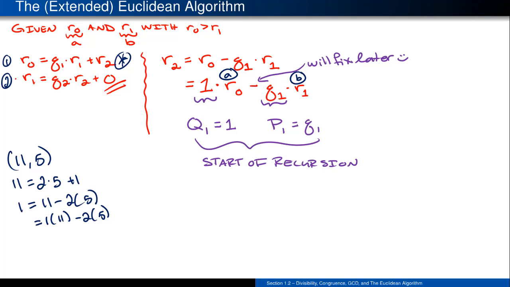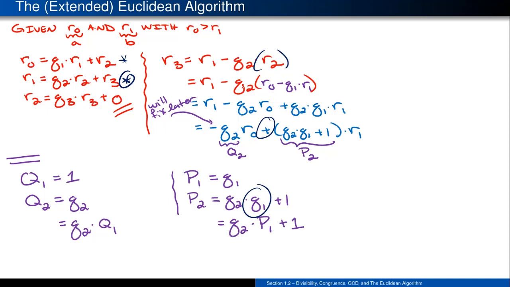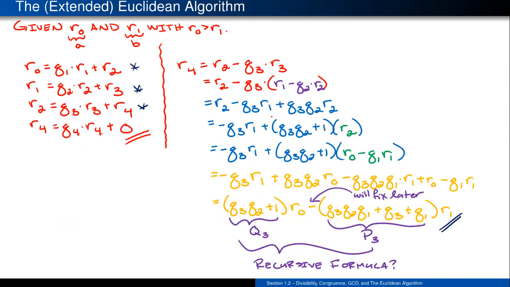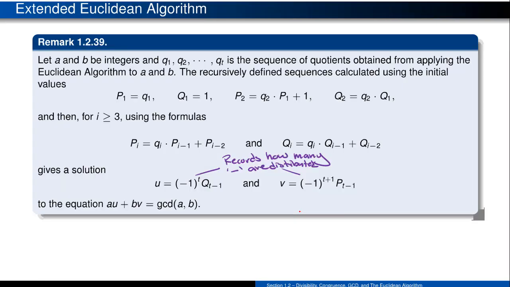If my process terminated with a 0 at level 2, you can see that that second one has to be negative. Whereas if I identified my 0 at level 3, that became positive. And if I identified my 0 at level 4, it became negative. So that's what that last little corrector term in this procedure is keeping track of, is that I have my sequence of quotients, which are Q1 through Qt.